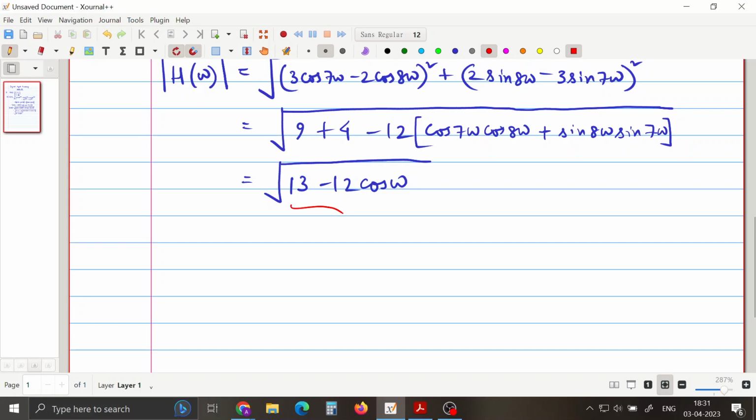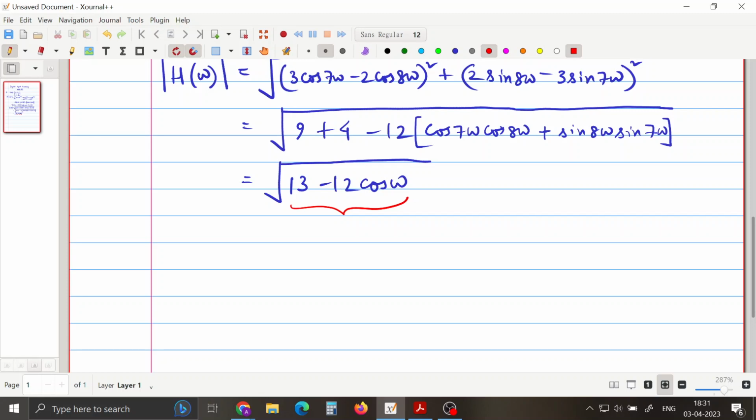Okay, so in order to maximize this, see the second term, that is 12 cos omega, that is subtracted from 13, so it has a negative sign in front of it. So if the overall expression has to be maximized, this term which is subtracted, that is 12 cos omega, has to be minimized, right?